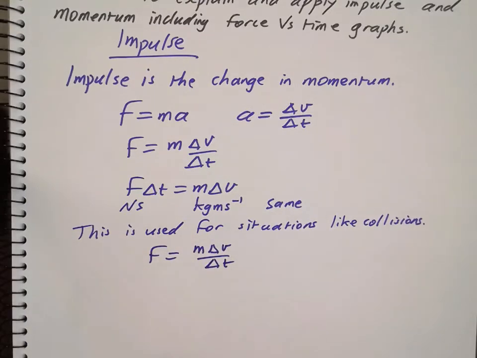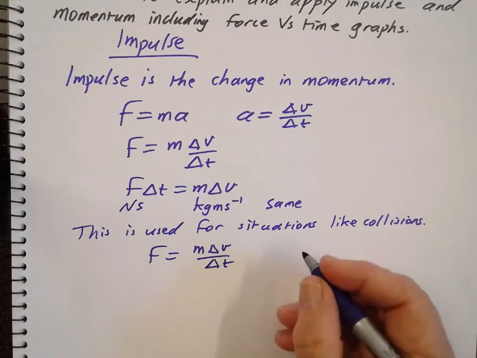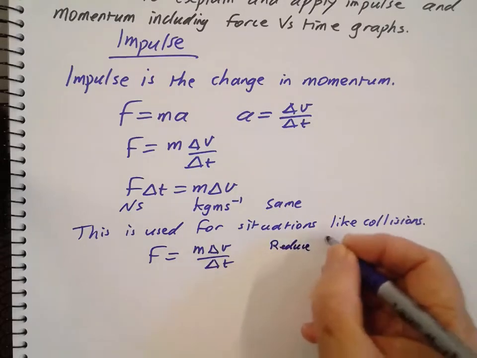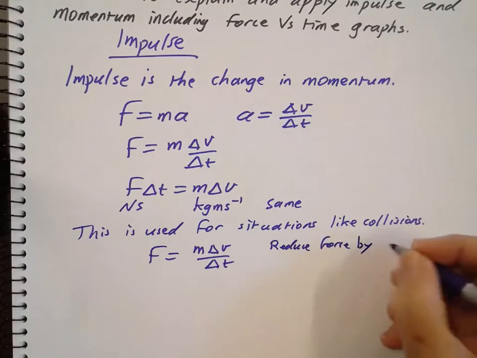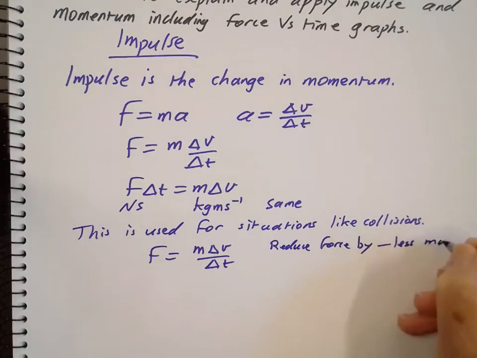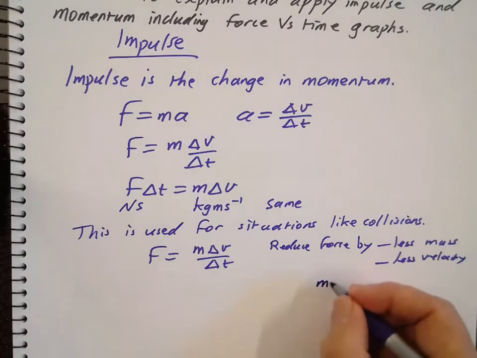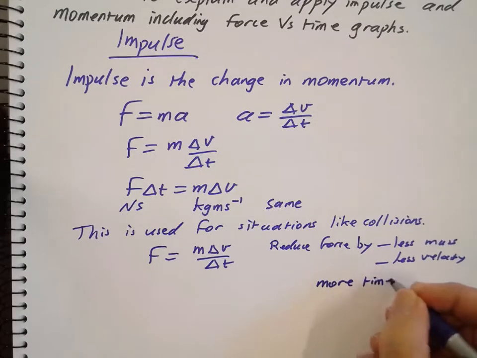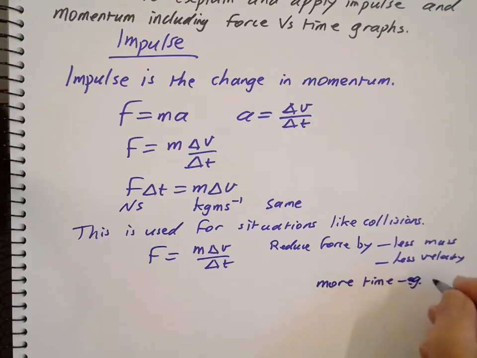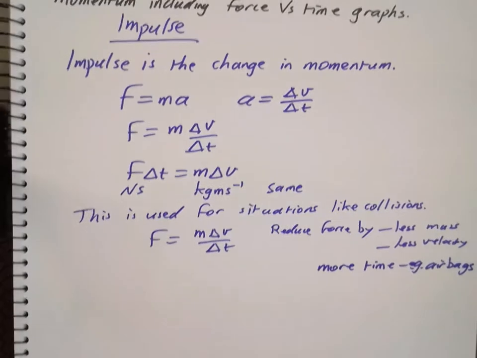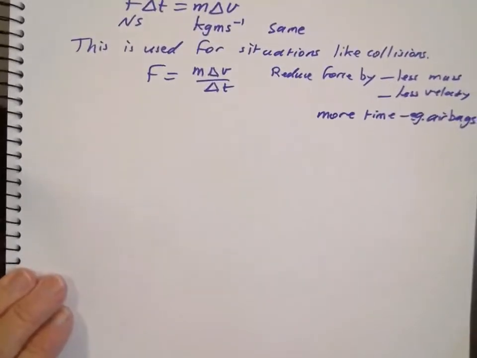And it's obvious, like all other equation type questions, reduce the force by reducing whatever is available: less mass, less velocity, and or more time. That would be particularly in collisions, things like airbags, because an airbag is simply designed to make a collision last longer, which seems kind of counterproductive, but if you make it last longer, it reduces the actual force.